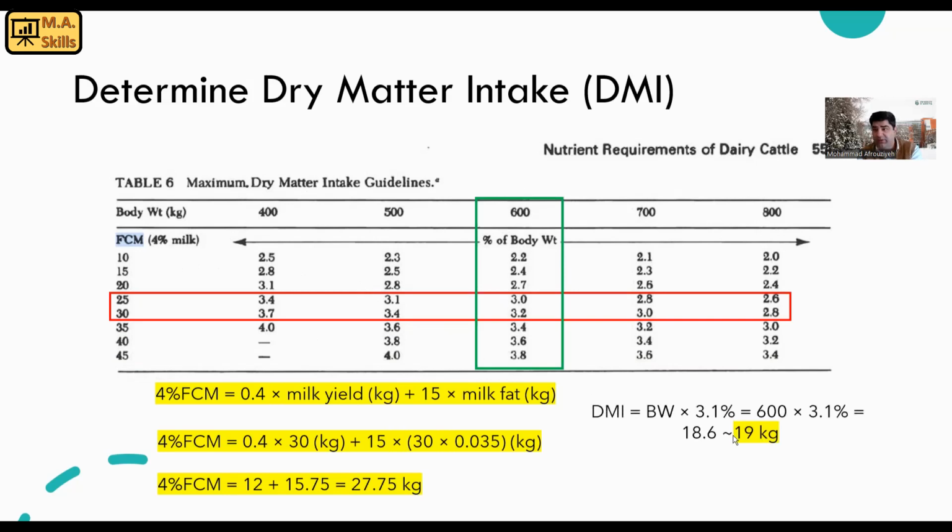And at the end of the day, we saw for the scenario that we are formulating a diet for a dairy cow with 600 kilo body weight, 30 kilo milk production, 3.5% milk fat, and 300 grams per day body weight loss, we need to have 19 kilo dry matter intake.